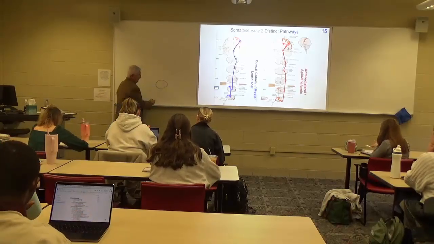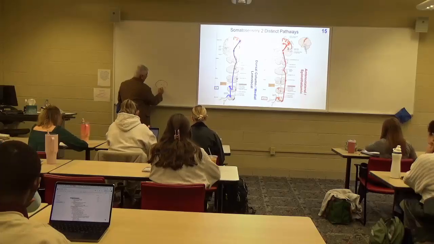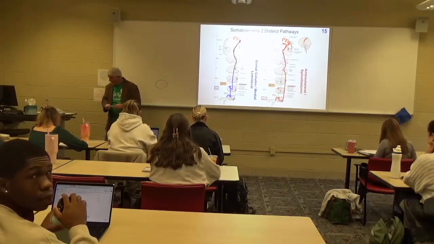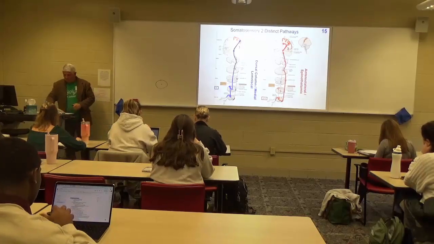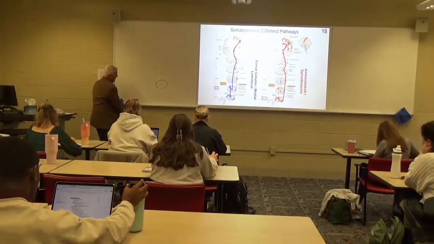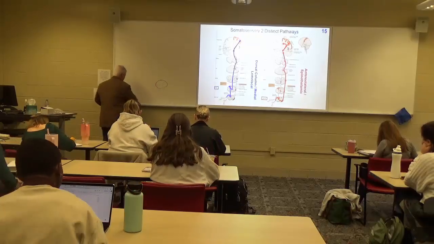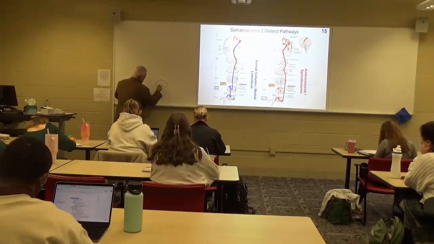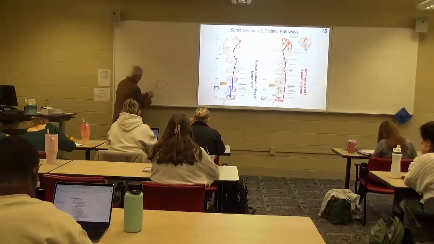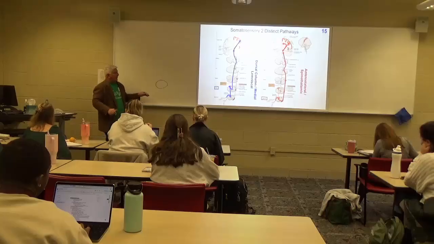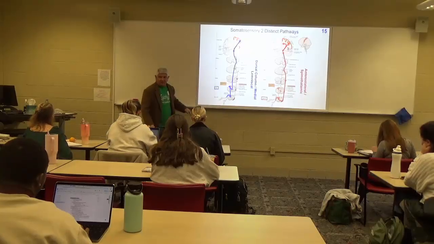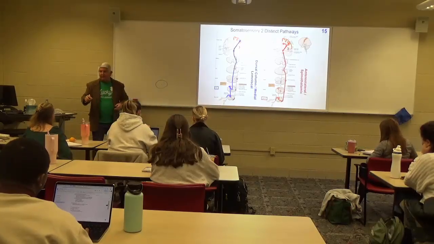this is our spinal cord. We have our central canal there, the CSF in the middle of it. And starting at the bottom of our spinal cord, we're going to have your toes coming in.